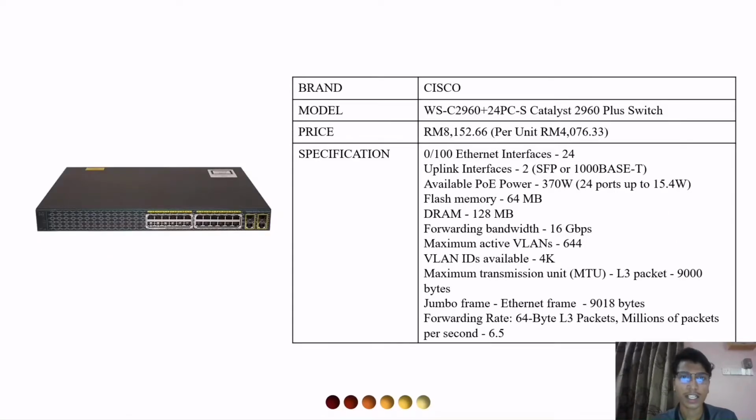Okay, next device is about the switch. The brand the switch uses is Cisco. Model name is WS-C2960+24 with 24 Fast Ethernet ports, and the model name is Catalyst 2960 Plus switch.